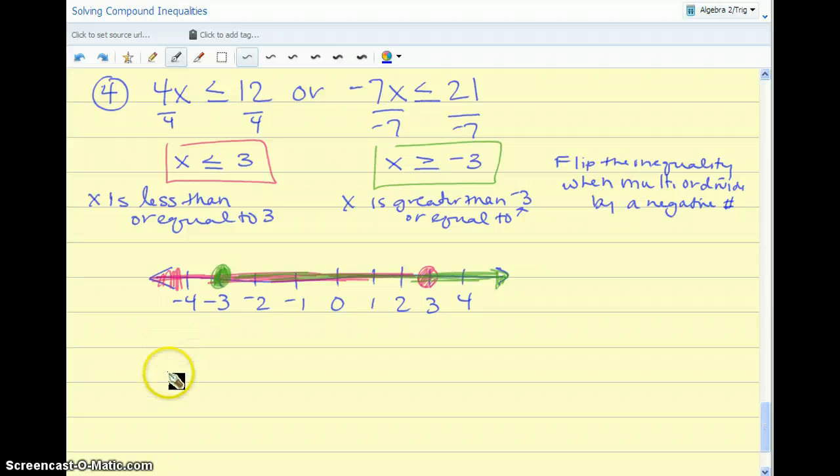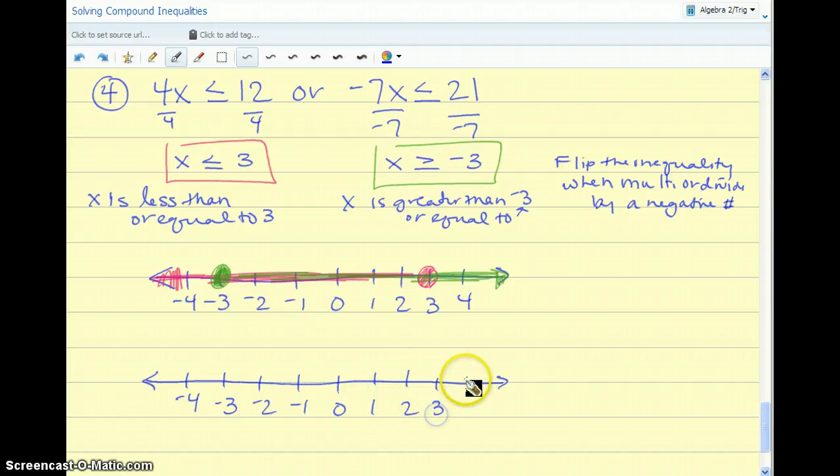Since we're dealing with an or statement and I said it could be in either place, either the pink graph or the green graph, what you should notice is the pink graph keeps going forever to the left, and the green graph goes forever to the right.